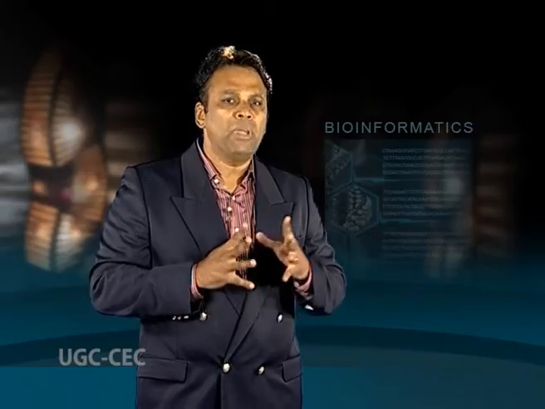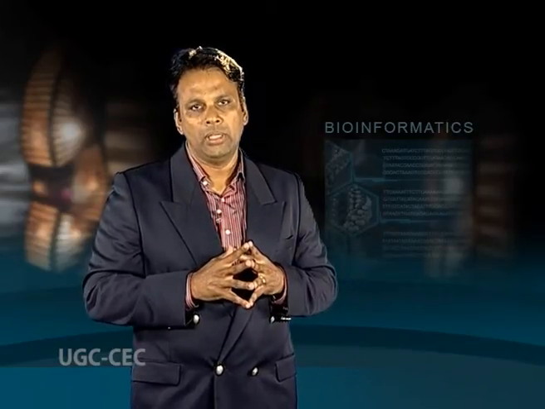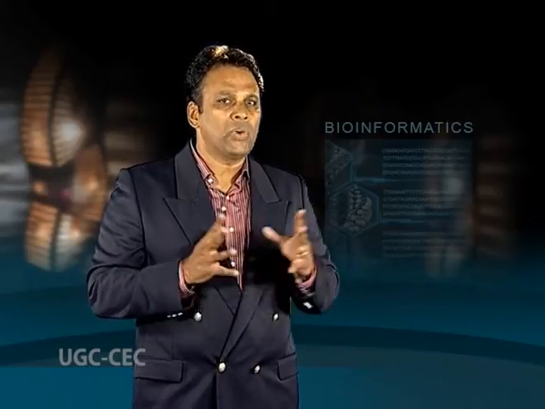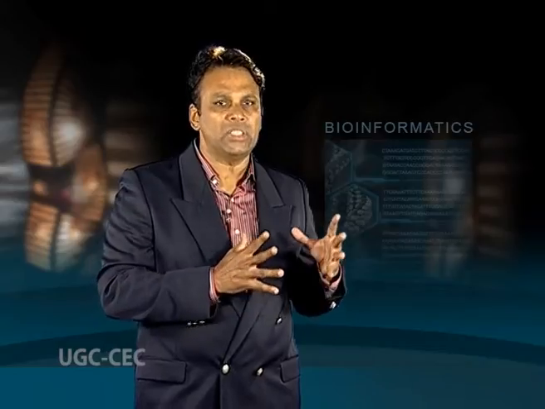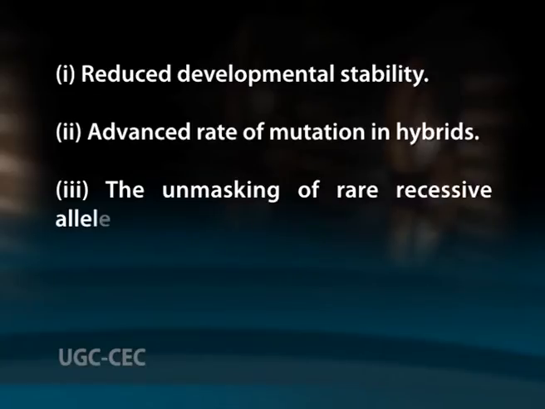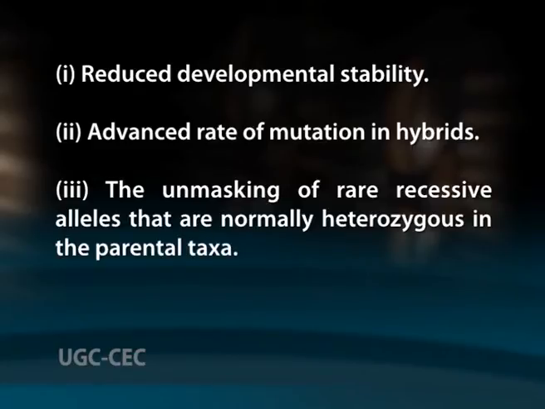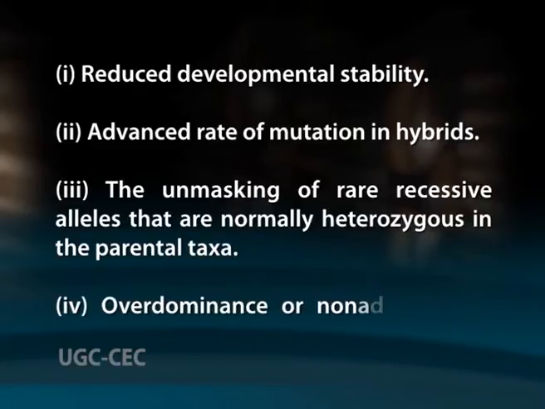Transgressive variation may be a major source of novel adaptations in hybrids. The major explanations for transgressive phenotypes in segregating hybrid populations include: 1. Reduced developmental stability, 2. Advanced rate of mutation in hybrids, 3. The unmasking of rare recessive alleles that are normally heterozygous in the parental taxa, 4.